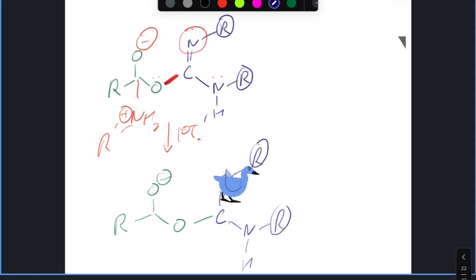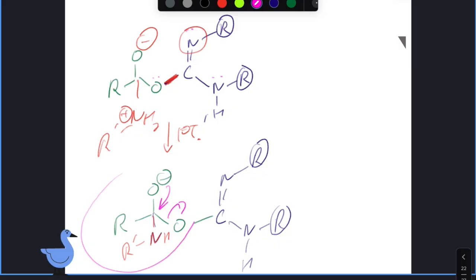What else am I missing? After proton transfer, let's keep it red, and H, R prime. So now what we have to do is this goes in, that goes out, right? We can draw this as that fragment. What we've done at this core now is I have made my target amide.